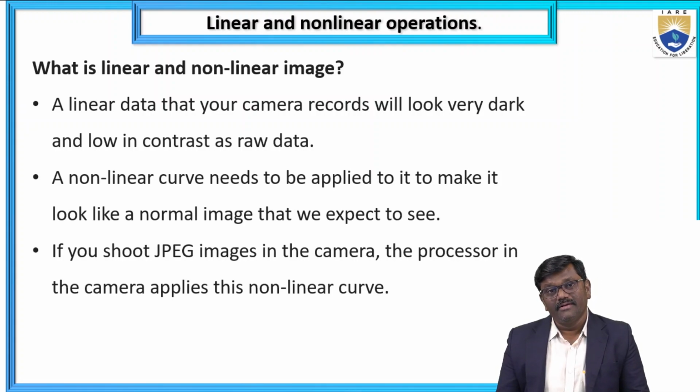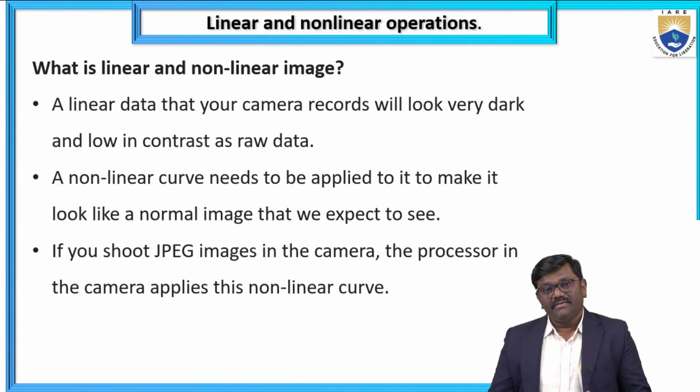Linear data is what your camera records, which looks very dark and low in contrast as raw data. Whereas for a non-linear image, a non-linear curve needs to be applied to make it look like a normal image that you expect to see.